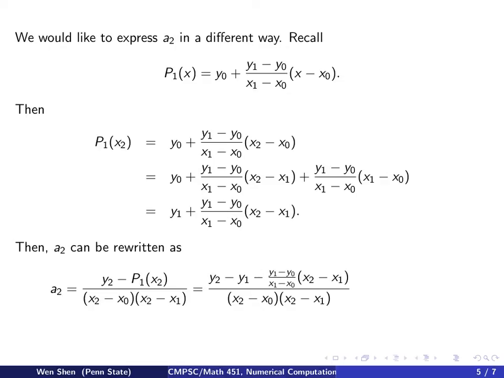So I divide the numerator by x2 minus x1 and divide the denominator by the same factor. So this will be cancelled and this will be cancelled, but the first term will be divided by x2 minus x1. Cleaning it up, we can write it in a shorter form. Okay, so now this is what we get.